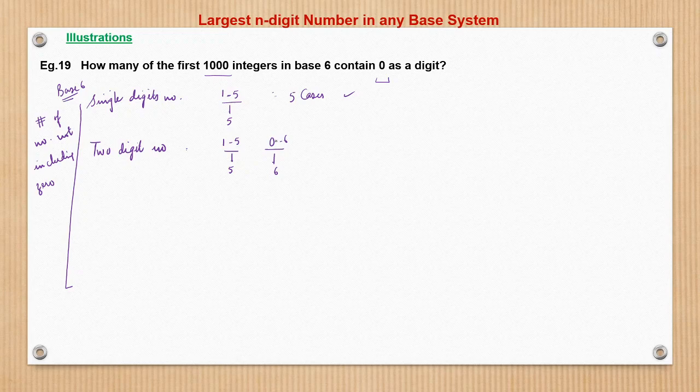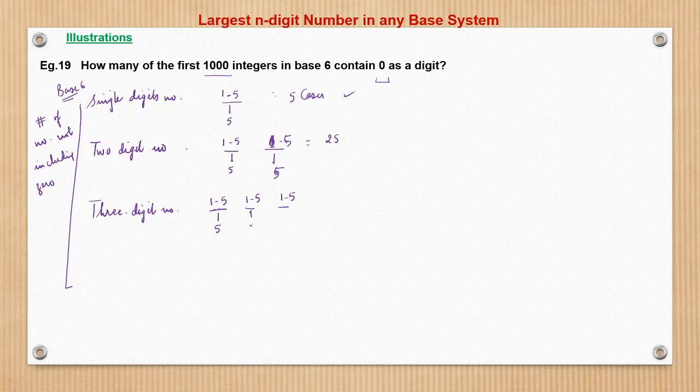Now two digit numbers which do not include 0: here 1 to 5, and this also 1 to 5. So 5 into 5, 25. Now three digit numbers which do not include 0: 1 to 5, 1 to 5, 1 to 5, no zeros here.